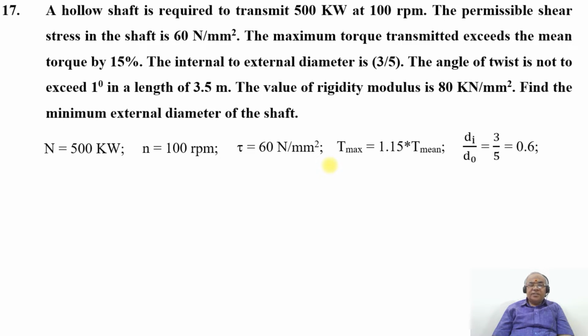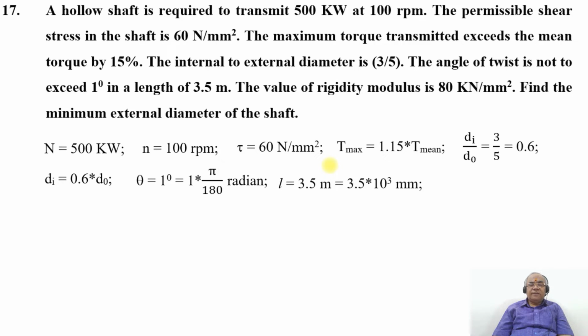And the angle of twist, that is theta, is 1 degree, which will be equal to 1 into pi by 180 radians. And the length is 3.5 meters, which is 3.5 into 10 to the power of 3 mm. And also capital G will be 80 into 10 to the power of 3 Newton per mm square. So therefore, these are the data which is given.